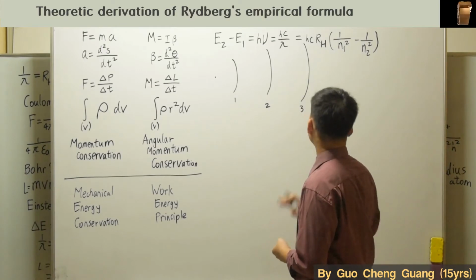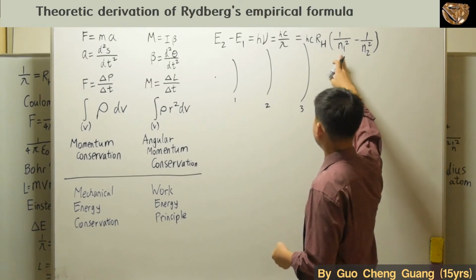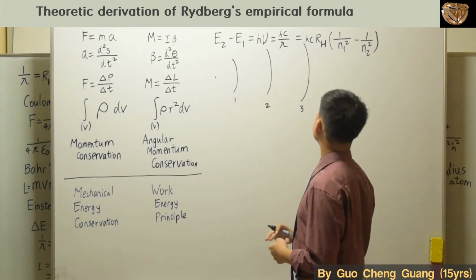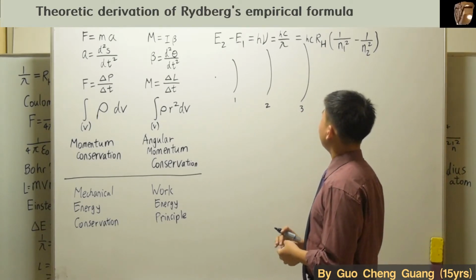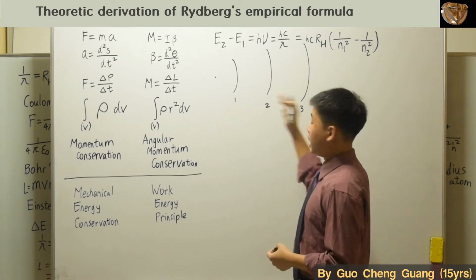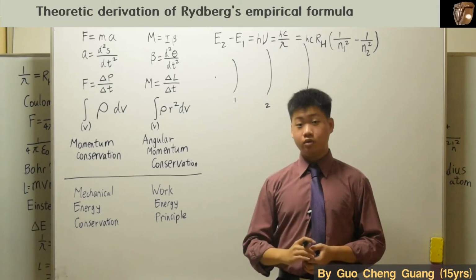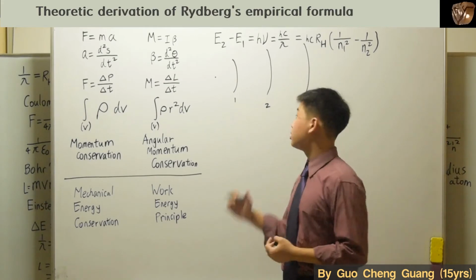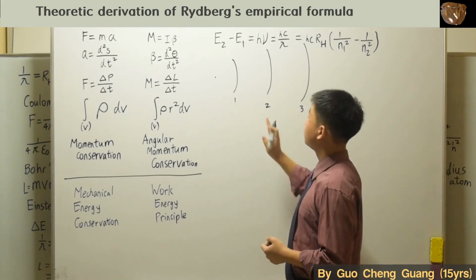So if we take a look at this, from the first shell, you want to go to the second shell. That means this electron has to take in energy in order to get from the first shell to the second shell.